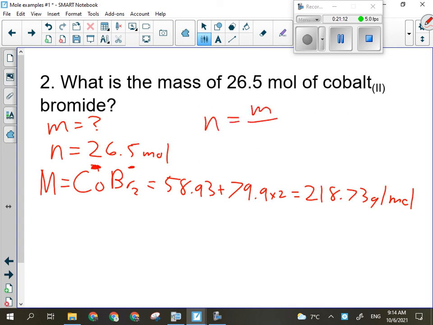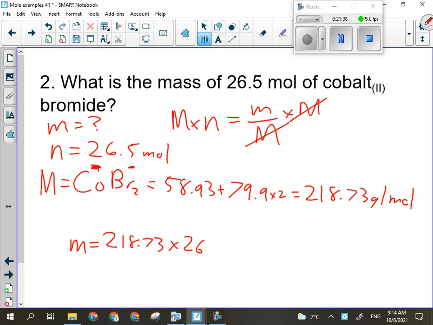N equals little m over big M. I'm trying to solve for little m, so if I want to move something, I do the opposite. So I multiply by m. What I do to one side, I do to the other, so I multiply the other side by m as well. And now I've got my formula. So mass will equal 218.73 times 26.5.